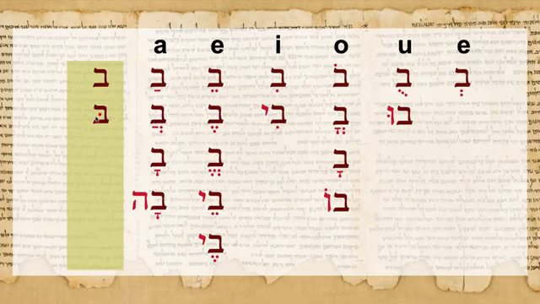So this dot occurs in some letters, and in some letters it won't. And there are rules which determine what happens with this dot, called dagesh. There are two kinds of dagesh, dagesh lene and dagesh forte. We'll talk about them in a different video. So that's the first thing. This is not a vowel, but it determines the sounds of the letters. It changes the sound of the letter.